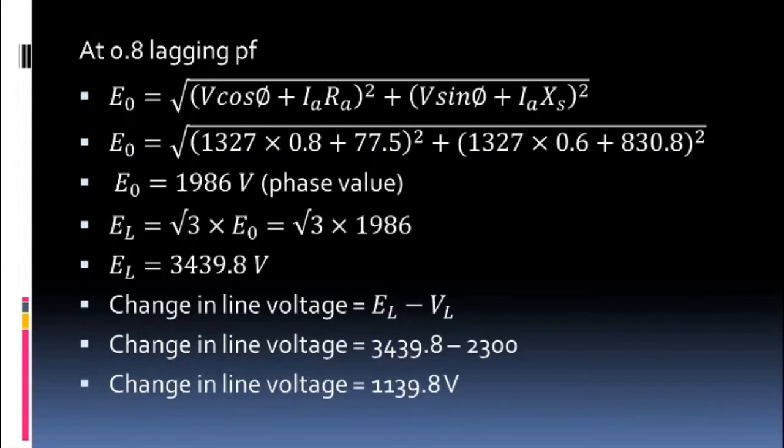That will be just difference of two voltages and that will come out to be 1139.8 volts. Just find out, calculate this value, tally your answers with mine so that solving by yourself will give you confidence.